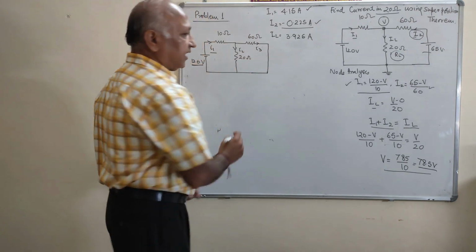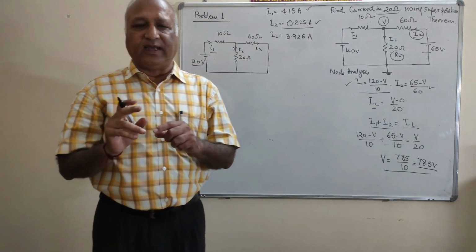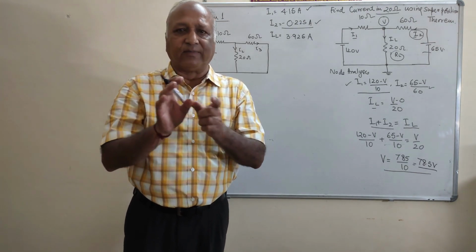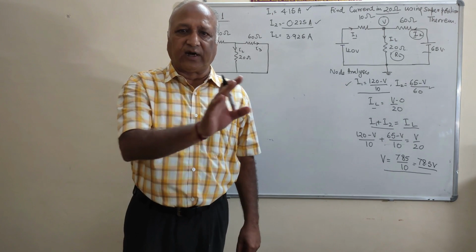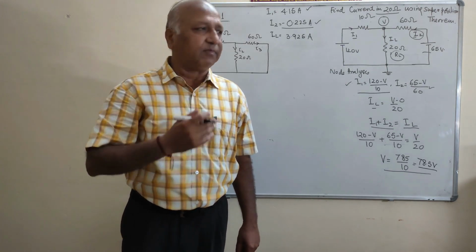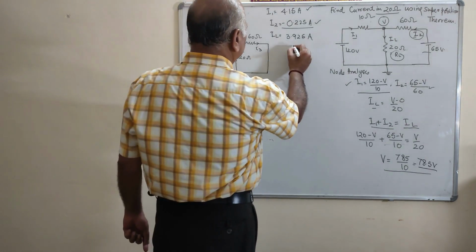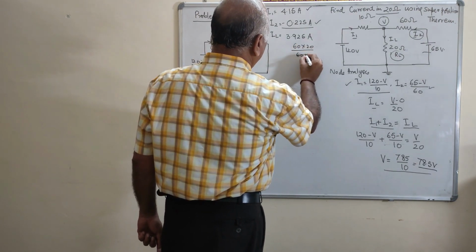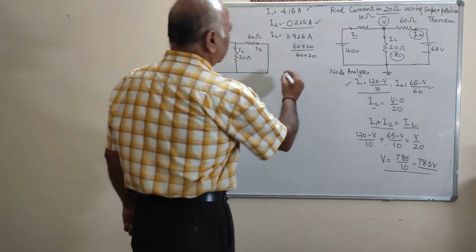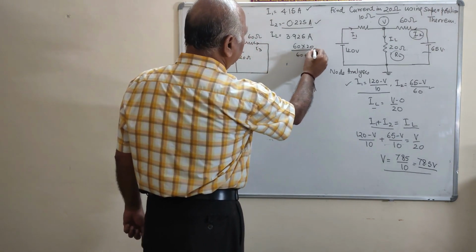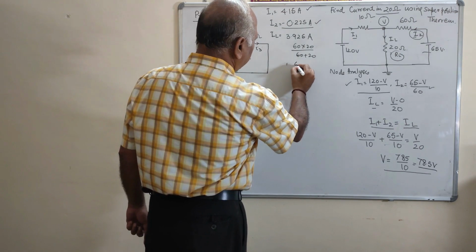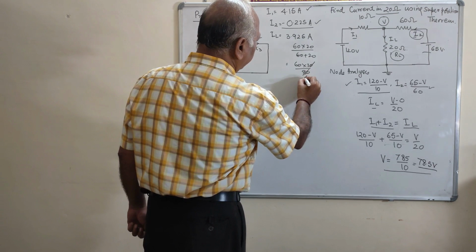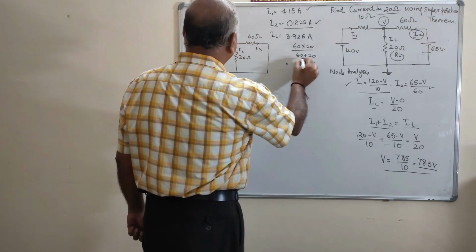How much will it be? If R1 and R2 are in parallel, the equivalent resistance is R1 R2 upon R1 plus R2, that is, the product of the resistances upon the sum of the resistances. That is 60 into 20 upon 60 plus 20. Clear? That is equal to 60 into 20 upon 80, which is 15 ohm.